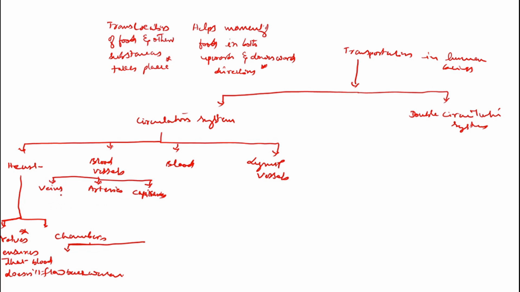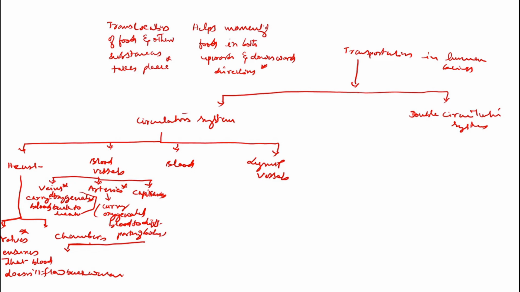Now what is the function of these veins? Veins carry deoxygenated blood to the heart, and arteries carry oxygenated blood to different parts of the body.